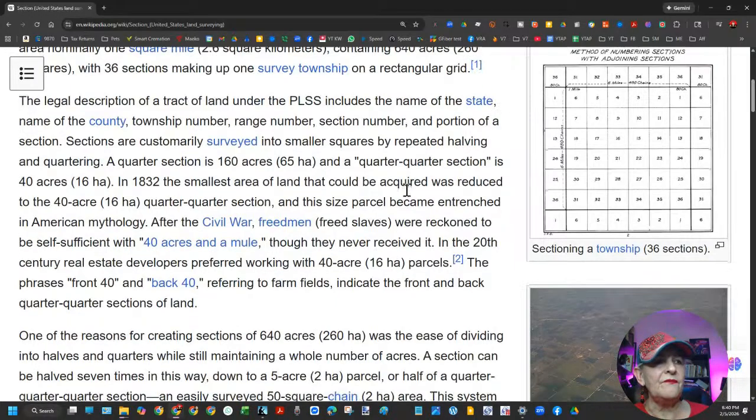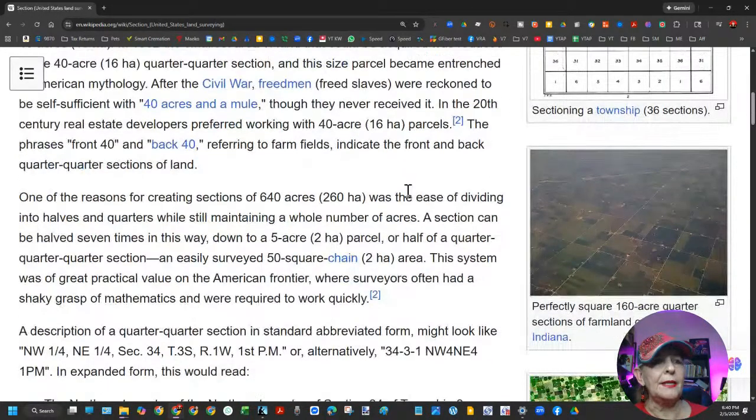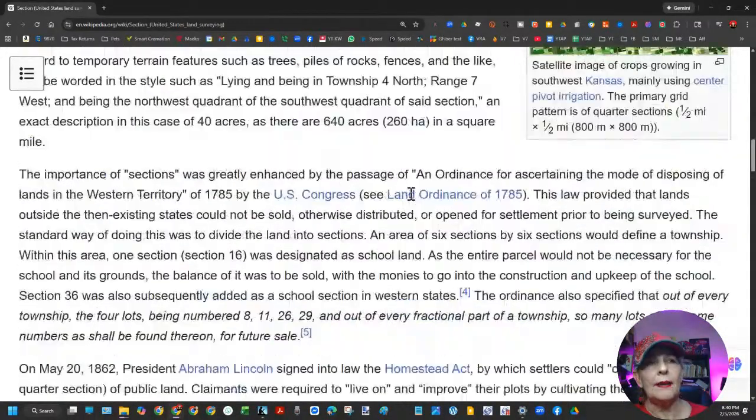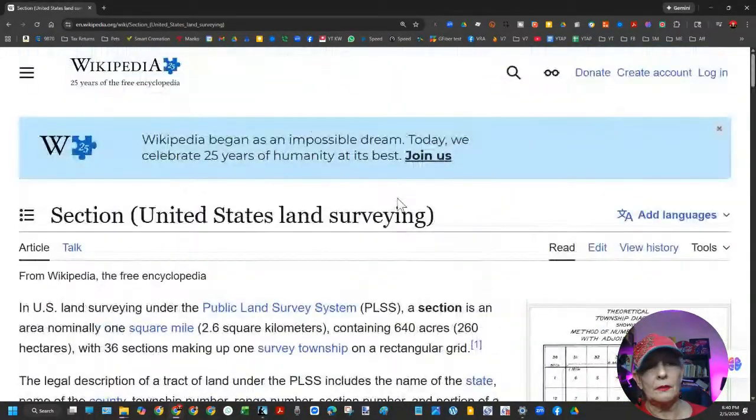And then they start dividing it into smaller blocks until they come up with this.